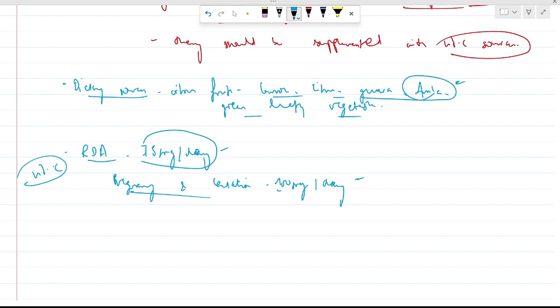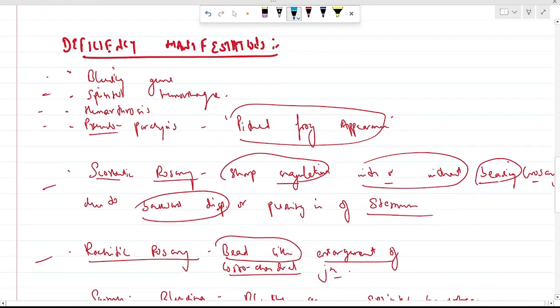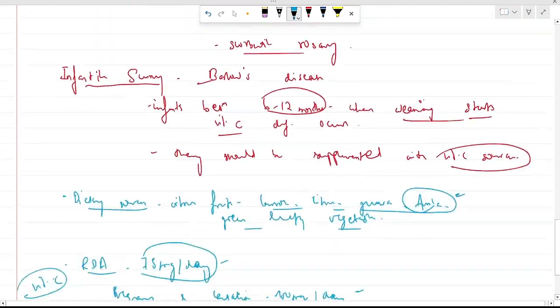With this we have completed our discussion on vitamin C. A small water-soluble vitamin, nothing much to discuss except its role in hydroxylation reactions and the deficiency manifestations leading to scurvy.